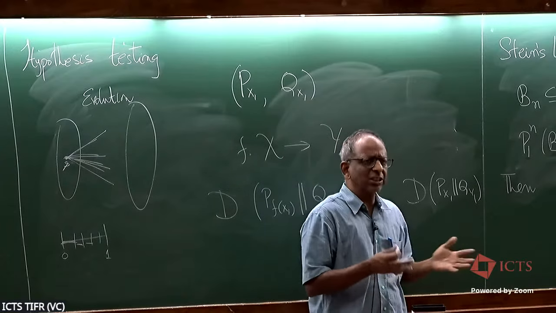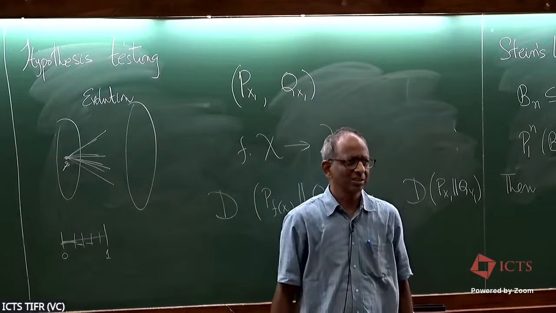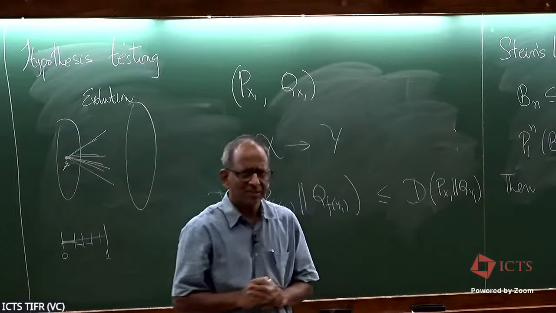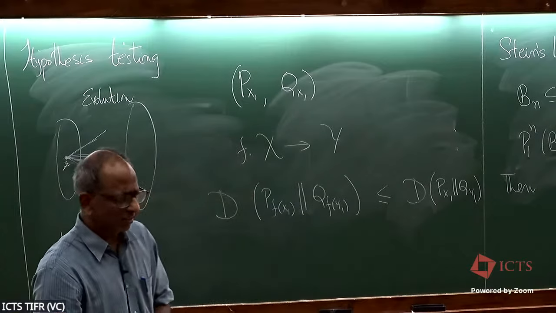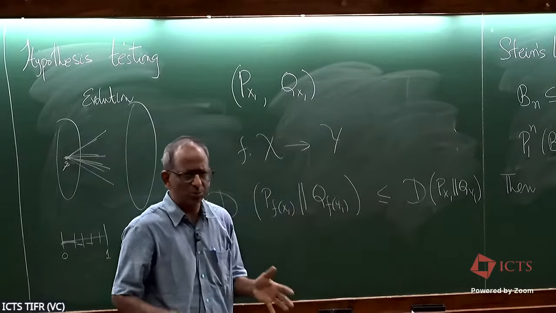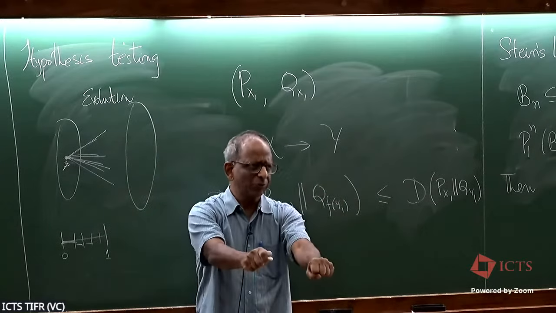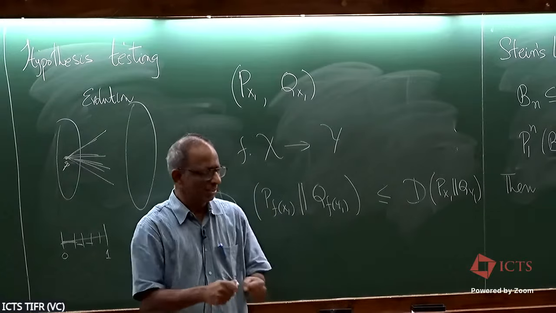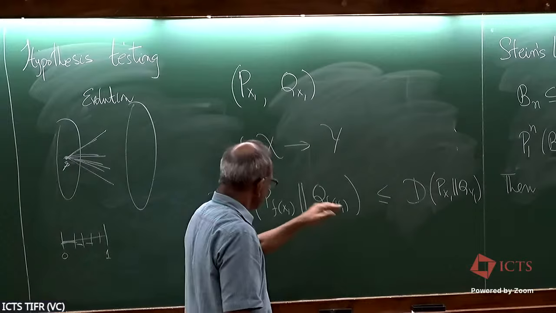This function could, for example, have been the constant function. Our intuition says that this must be true, because if you have two systems and you perform a common deterministic transformation on them, it should be the same. Now, why is this true?